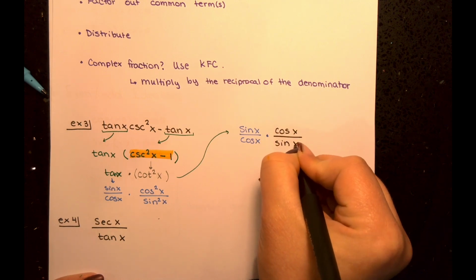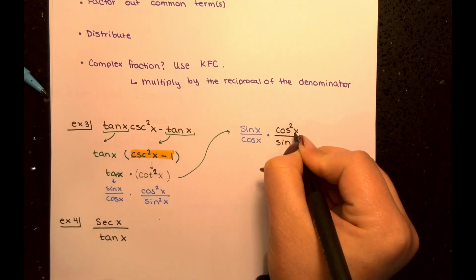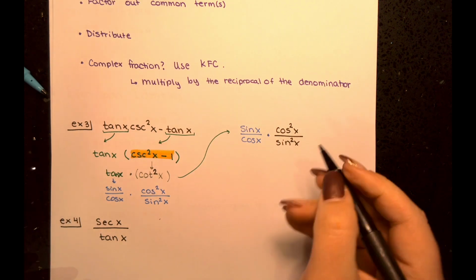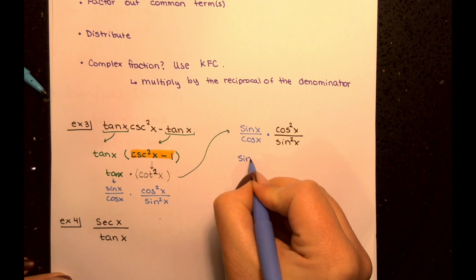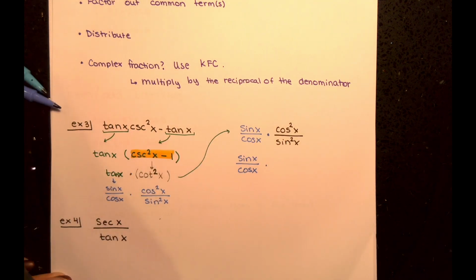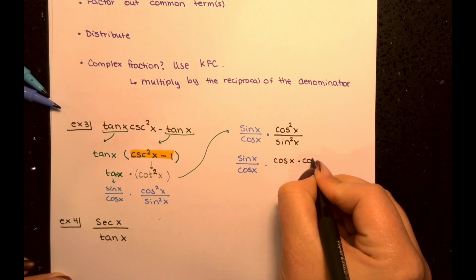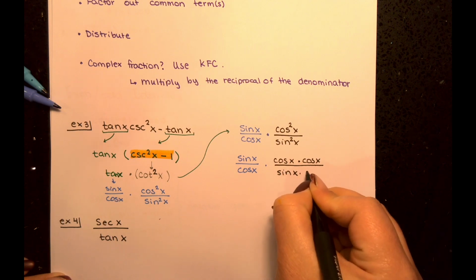But notice that the cotangent we are working with is squared. So that means cosine and sine both have to be squared as well. Rewrite that one more time. Sine of x and cosine of x, that's fine, nothing wrong with that. Cosine squared of x is the same thing as saying cosine of x times cosine of x. Same thing with sine of x times sine of x.